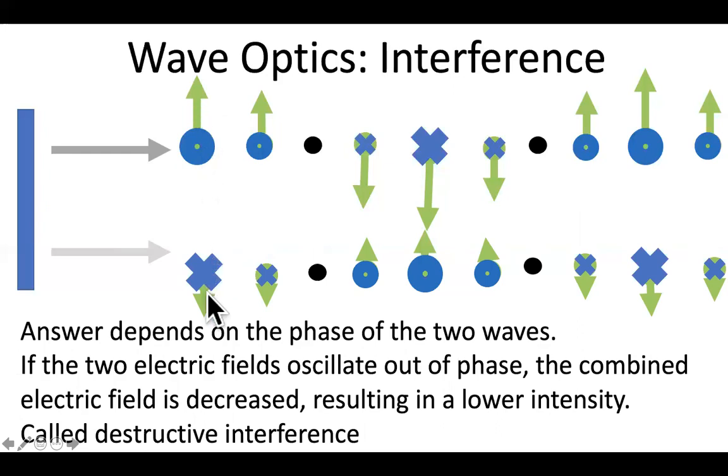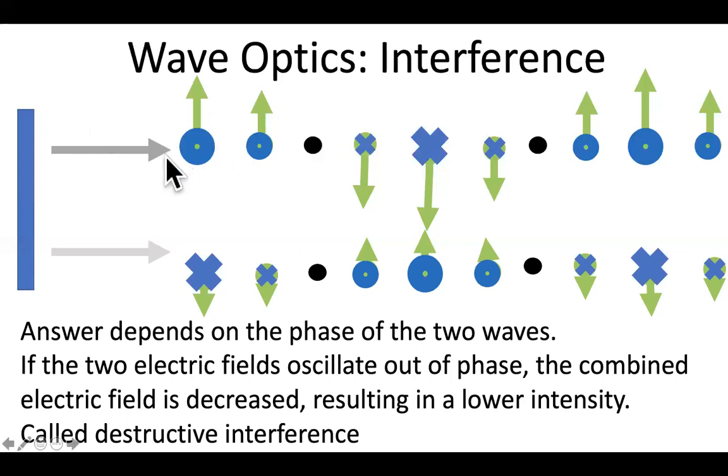Now, when we add this electric field to this electric field, the total electric field is less than this. The total electric field of these two has a partial cancellation, which reduces the total electric field and reduces the intensity of the light.